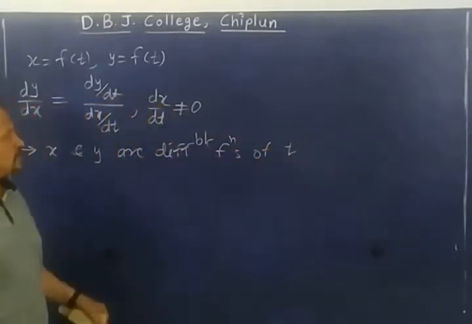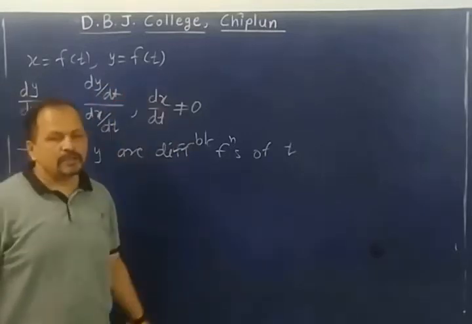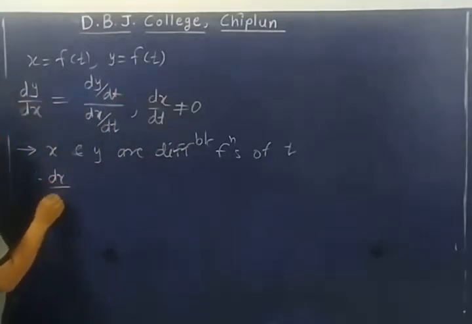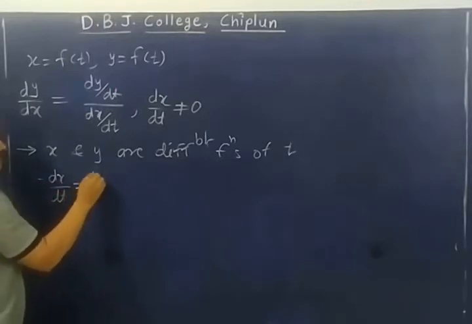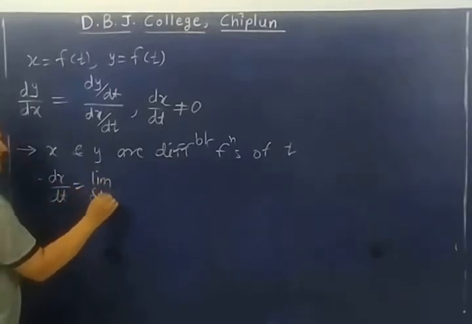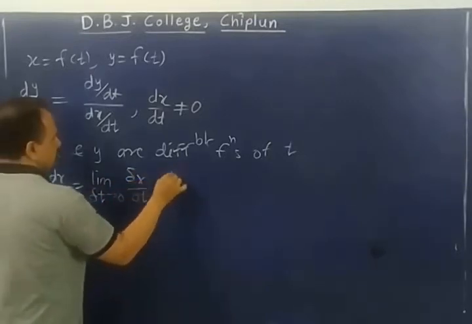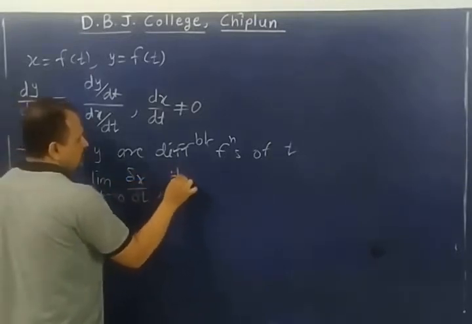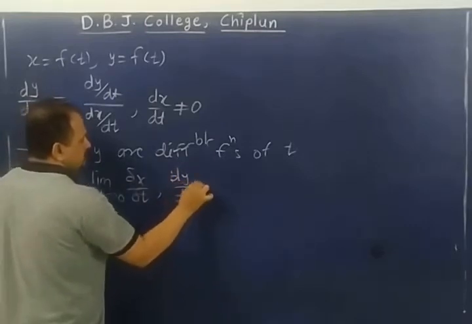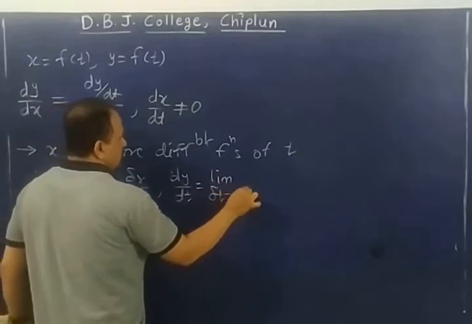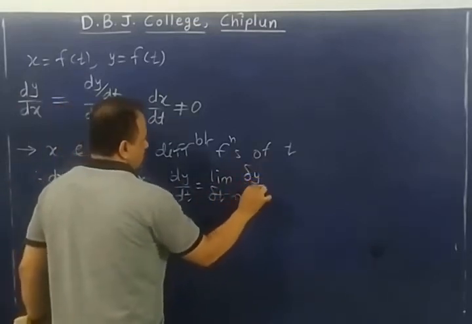Here I am considering the variable or the parameter t. Therefore, dx by dt exists. It is limit delta t tending to 0, delta x upon delta t. dy by dt exists and it is equal to limit delta t tending to 0, delta y upon delta t.